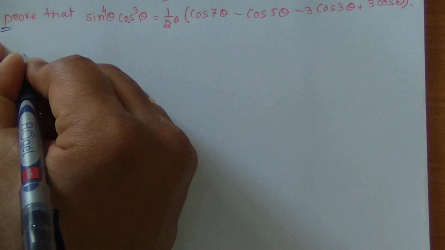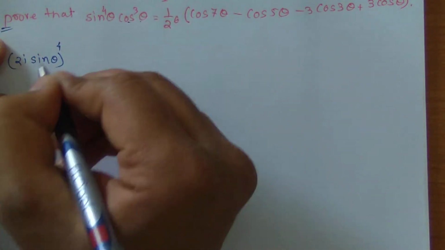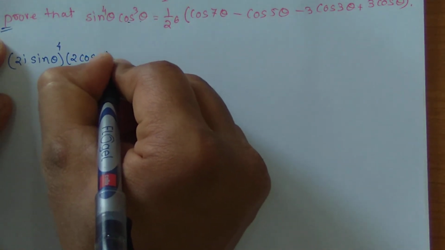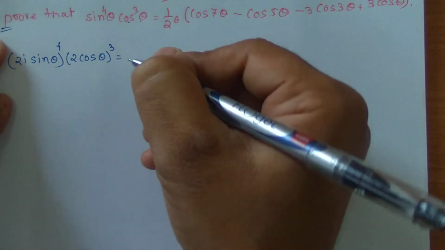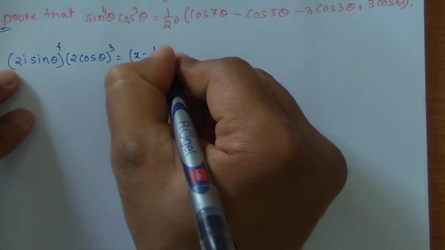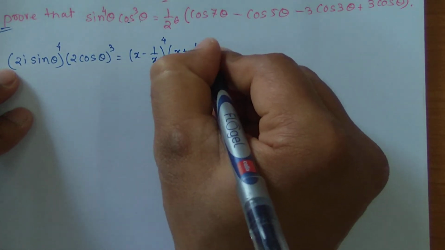Hence, 2i sin theta, for sin theta the power is 4, hence we will take the power 4 here. And then 2 cos theta cube because the power here is 3. Now for 2i sin theta, we have x minus 1 upon x on the right hand side raised to 4 into x plus 1 upon x raised to 3.